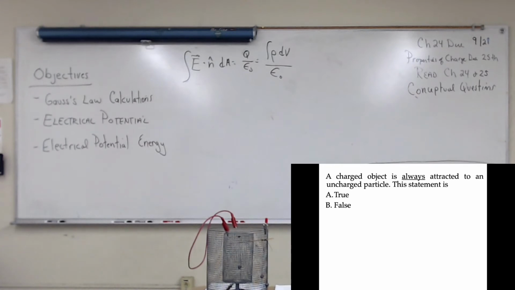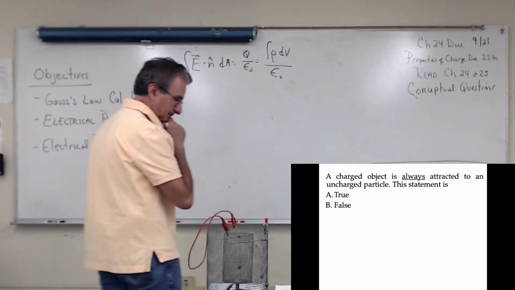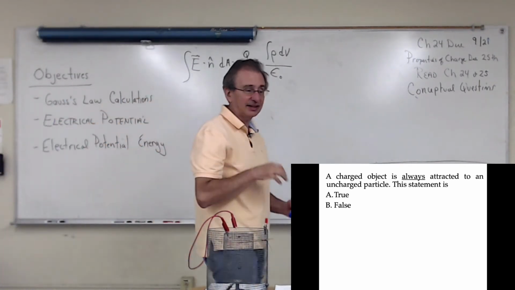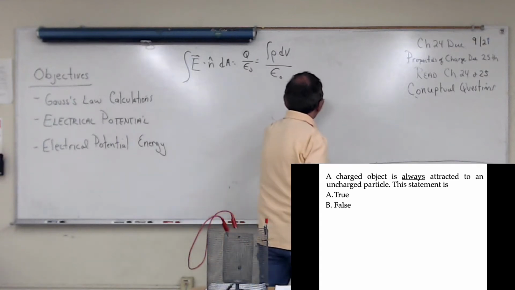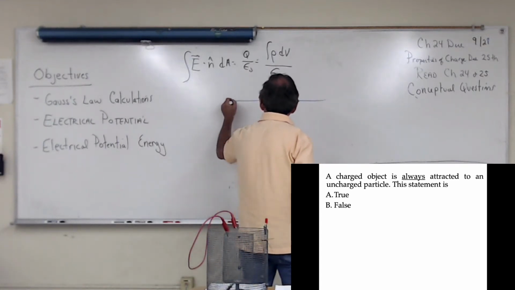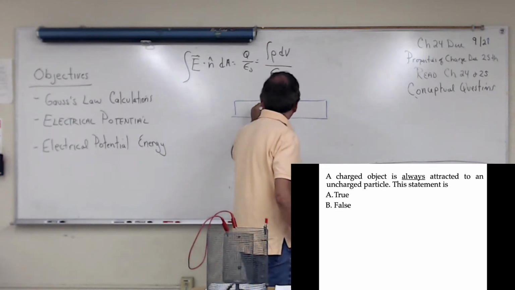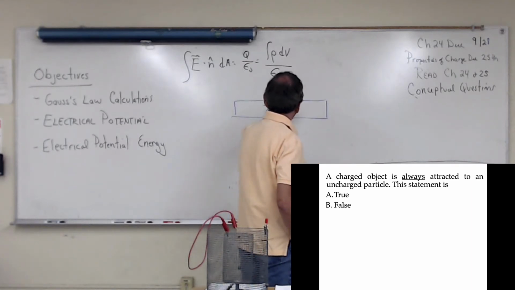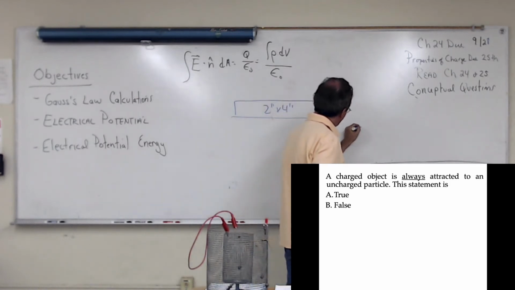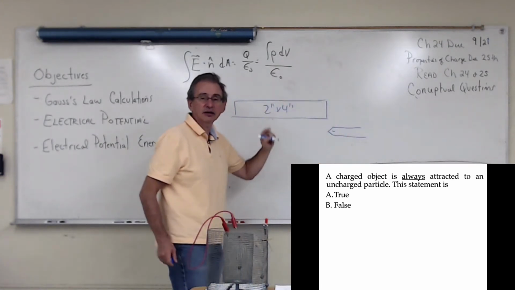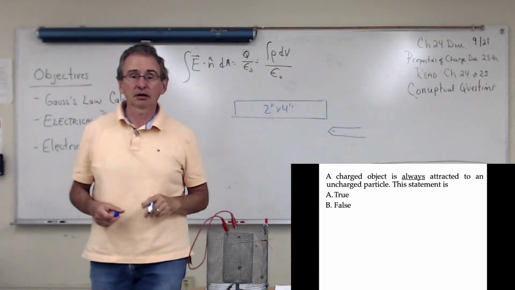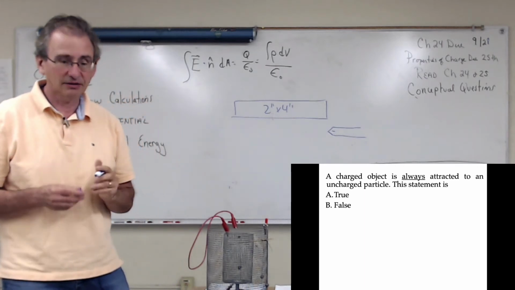Okay, so when we talked about the properties of the Charge Lab, I did a demo with a 2x4. Right, this is the 2x4. And I took a rod that was charged and brought it near the 2x4. Okay?